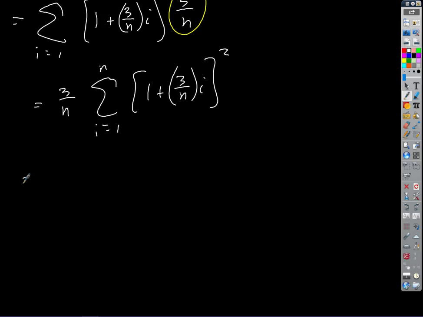So we could write that as 3 over n times the sum of, what do we get when we square all this out? Well, that's just a binomial, right? That's like a plus b squared. And so what's that square out to? 1 plus 6 over n i plus 9 over n squared. Okay, good, good. And where are we getting that?